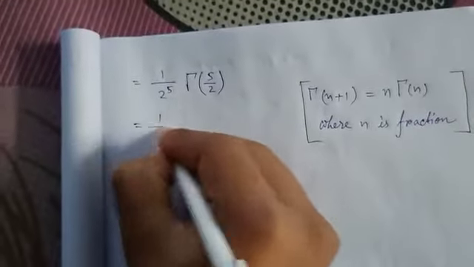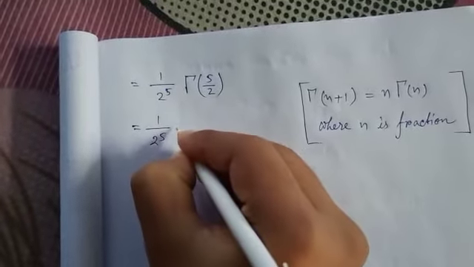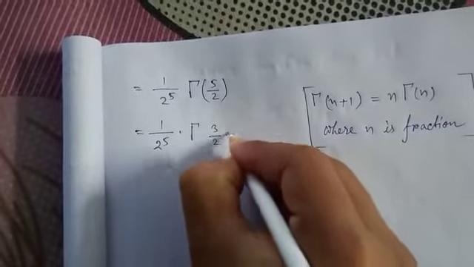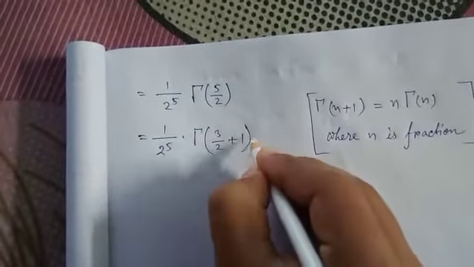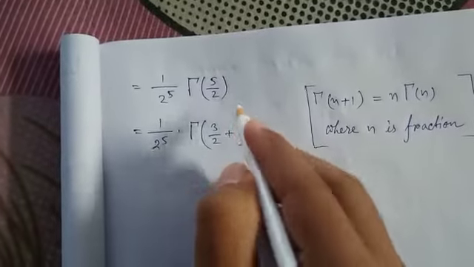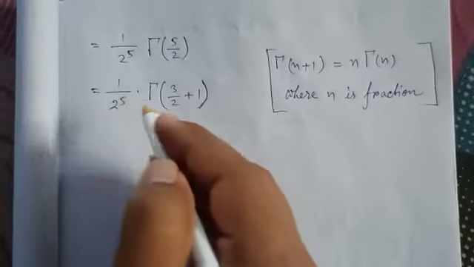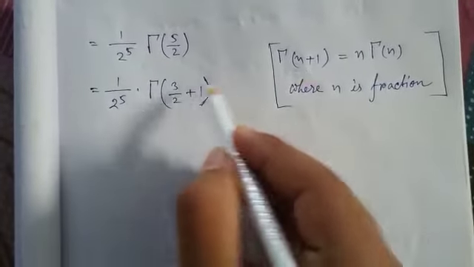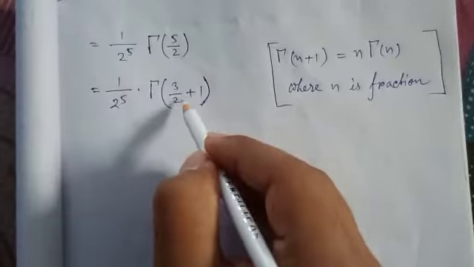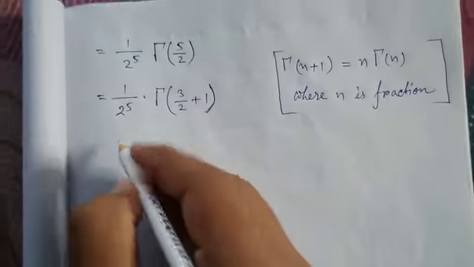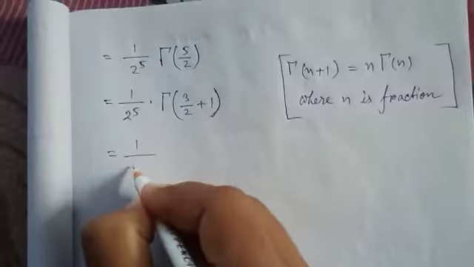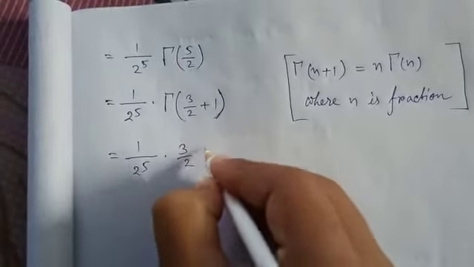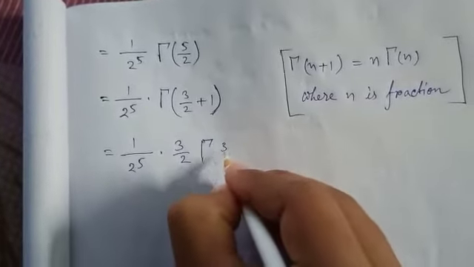Now 1 by 2 to the power 5 into gamma of 3 by 2 plus 1, it means 3 by 2 plus 1 is 5 by 2, and it is just like this. Here n is 3 by 2 and 3 by 2 is a fraction, so 1 by 2 to the power 5 into 3 by 2 into gamma of 3 by 2.